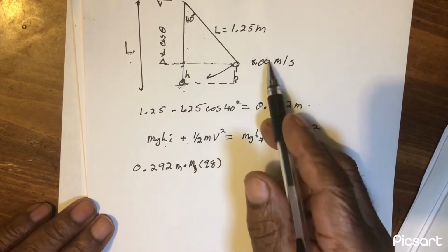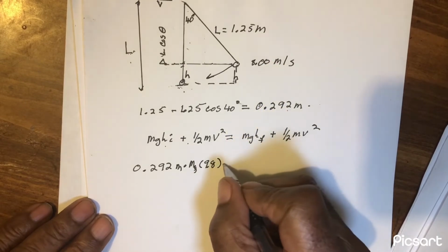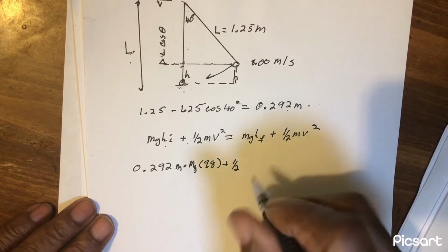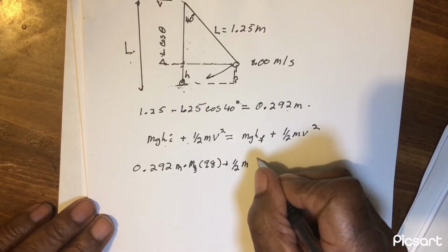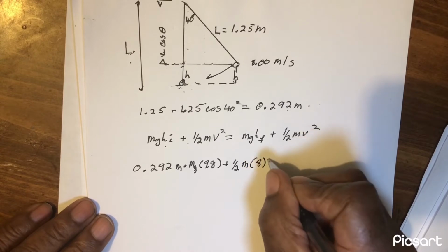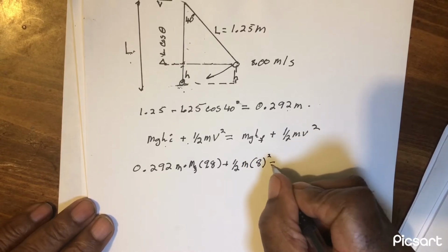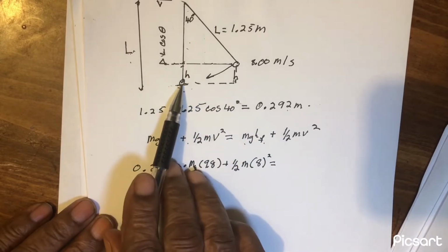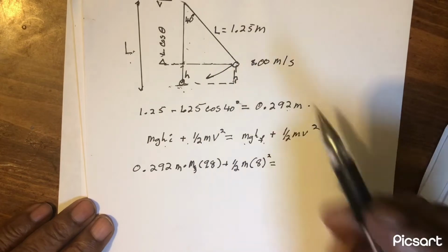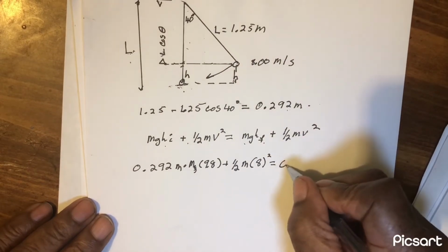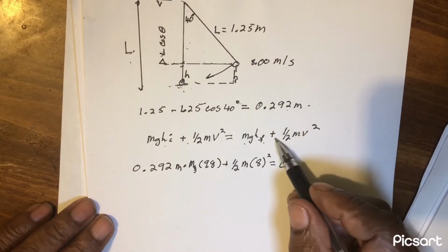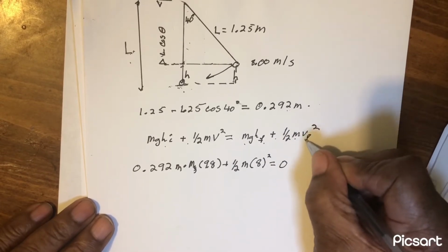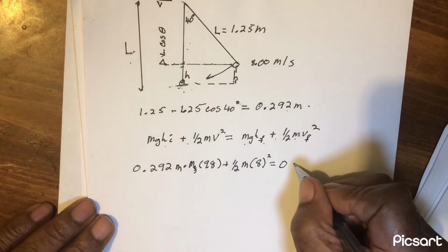The initial velocity, 8 meters per second, will give us kinetic energy of 1/2 times the mass times 8 squared. mgh final, that's at the lowest point here, and that will equal 0. And then we have the kinetic energy final, and that is what we're looking for.